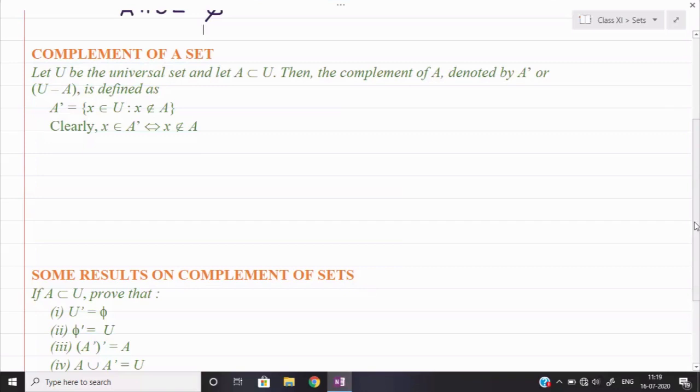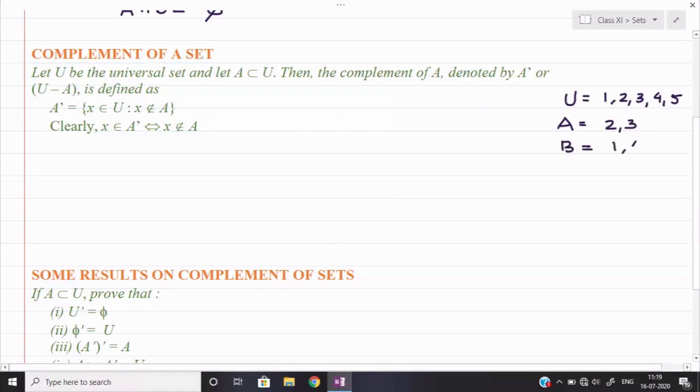For example, suppose I have a set U having the elements 1, 2, 3, 4 and 5, then a set A having the elements 2, 3, B having the elements 1, 4, 5, and C having the elements 2, 4, 5. Observe, U contains all the elements of set A, set B and set C. So we can say that U is a universal set of A, B and C.